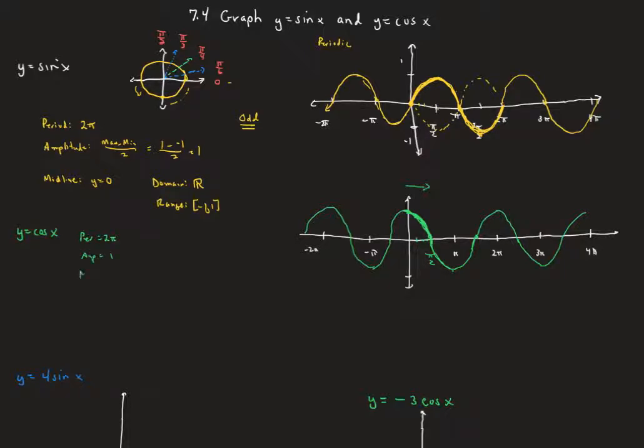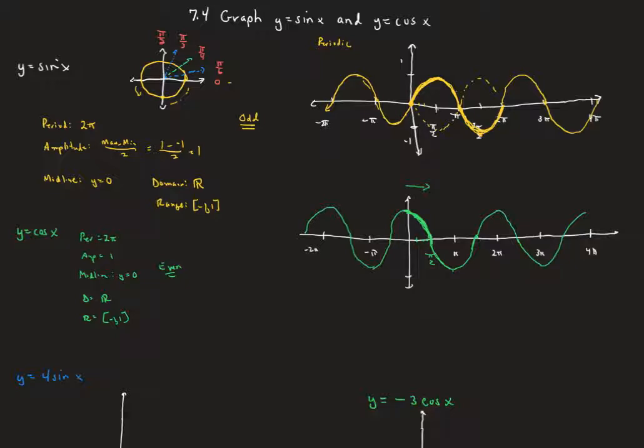And its midline is also going to be y equals 0. Its domain is also going to be all real numbers. Its range is also from -1 to 1. Now if you notice, if you reflect that in the y-axis, the cosine curve is an even function. It has symmetry in the y-axis.